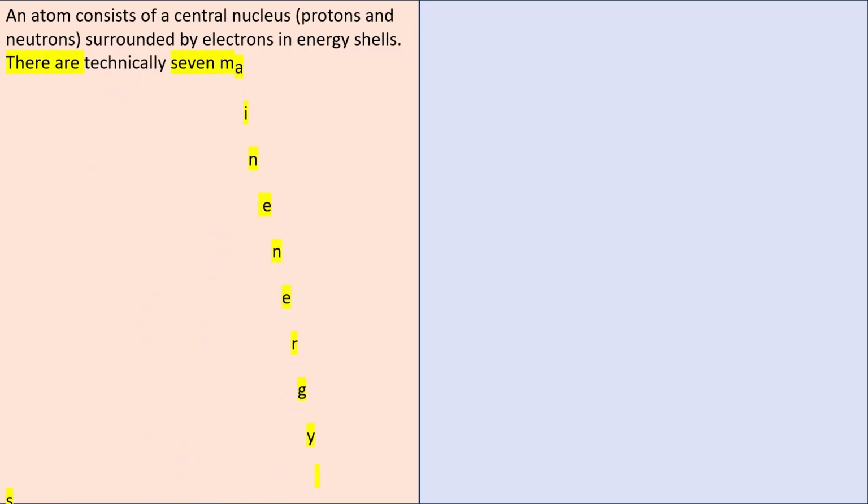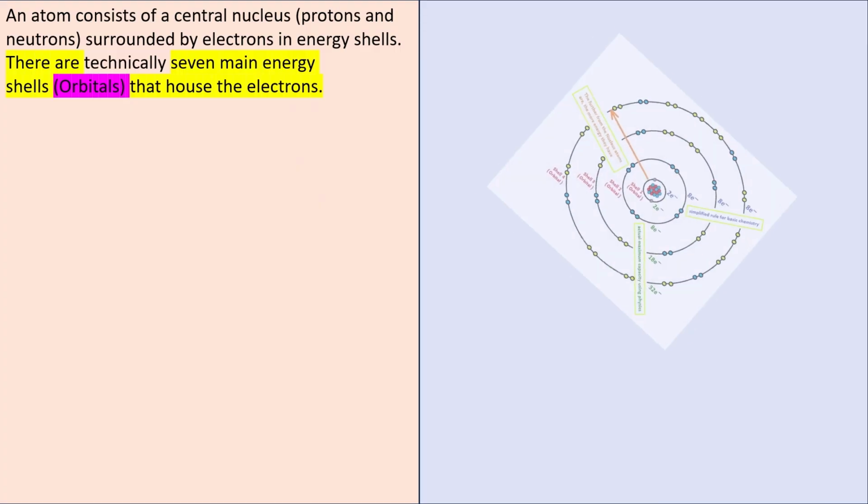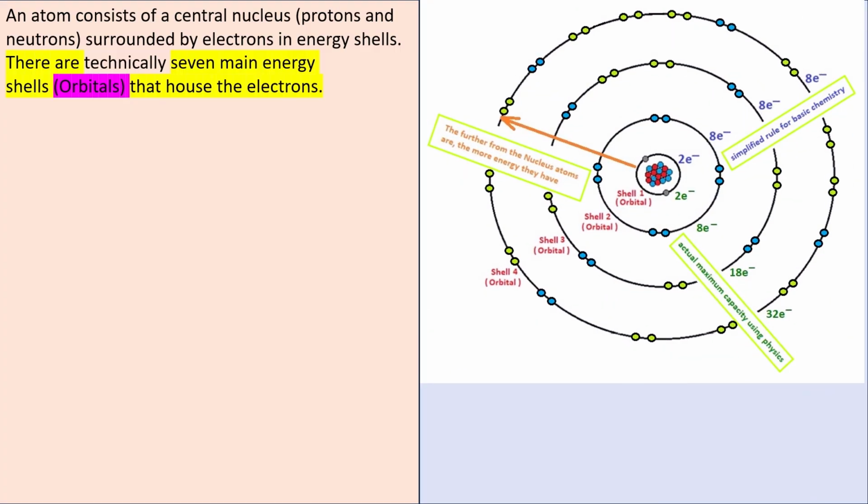An atom consists of a central nucleus, protons and neutrons, surrounded by electrons in energy shells. There are technically 7 main energy shells or orbitals, note it's in purple, that house the electrons. If you look at this drawing, you can see at the bottom left, there's in purple shell 1, 2, 3, and 4 written in purple.